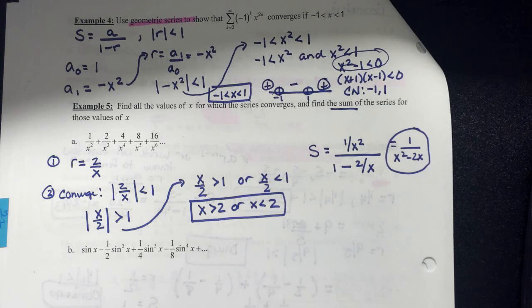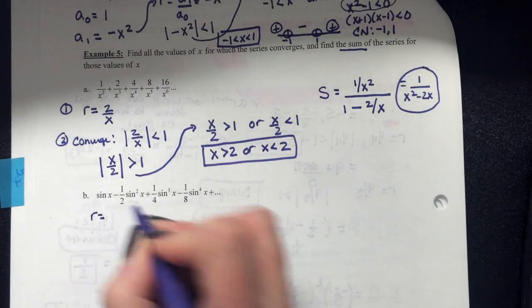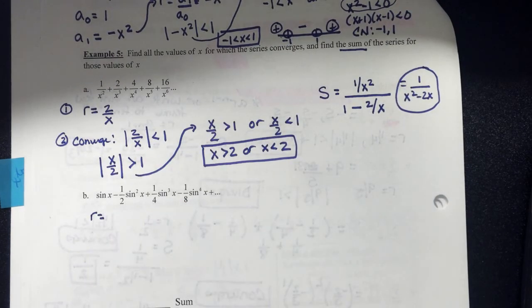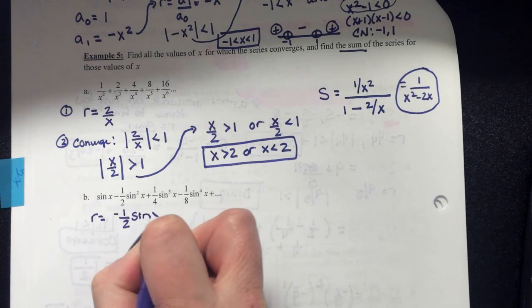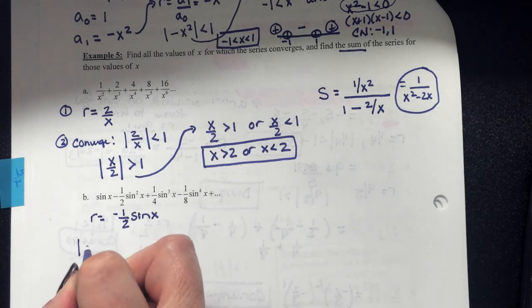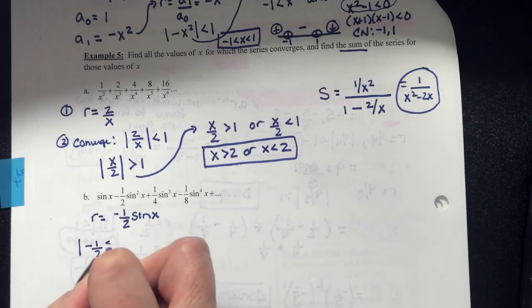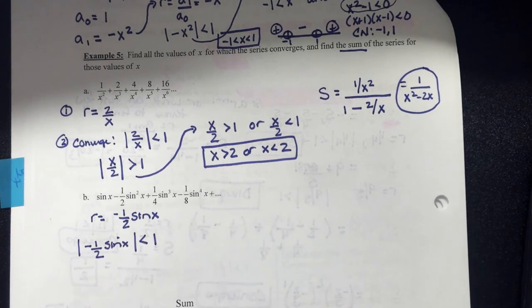Take a look at B. What's the common ratio? Sine x times what? They won't have it, so it's -1/2 times the sine of x. So then I know that to converge, the absolute value of -1/2 times sine x has to be less than 1.